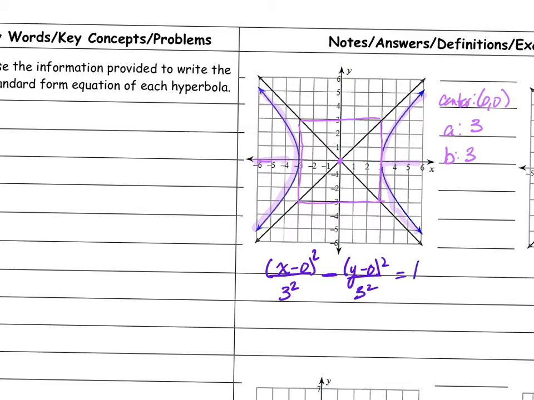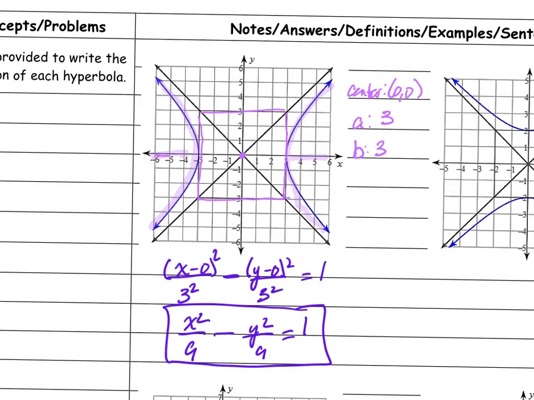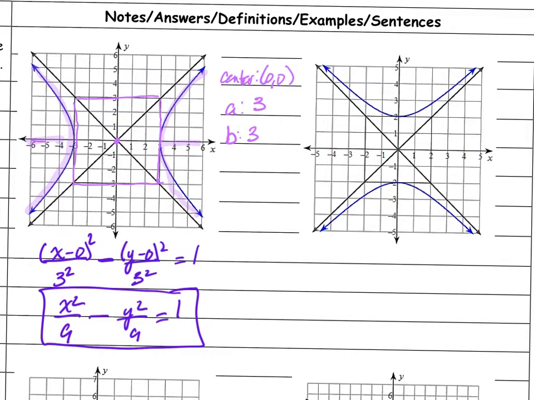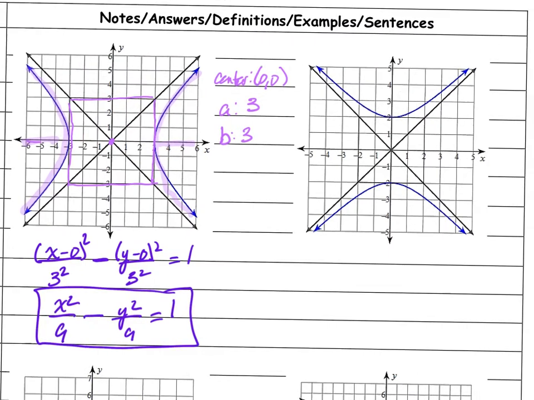So if I simplify this, I get x squared over 9 minus y squared over 9 equals 1. And there's my equation for the graph. So we're going to go ahead and go on to the next one, and we're going to try it.